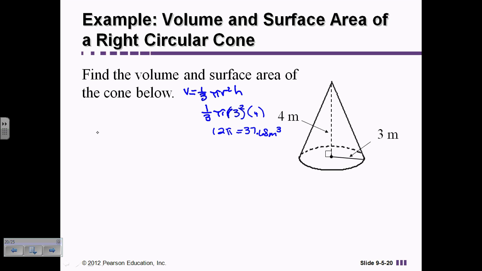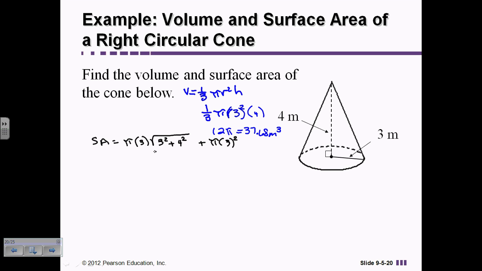Okay, so now to find the surface area, we're doing pi times r, which is 3, times the square root of 3 squared plus 4 squared plus pi times r squared, which is 3 squared.